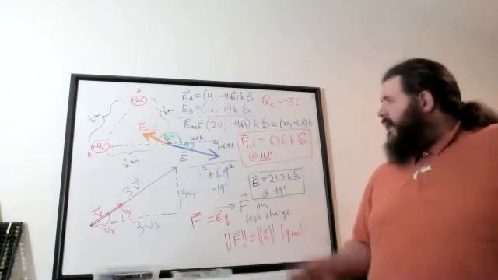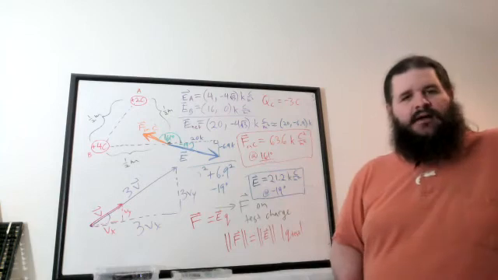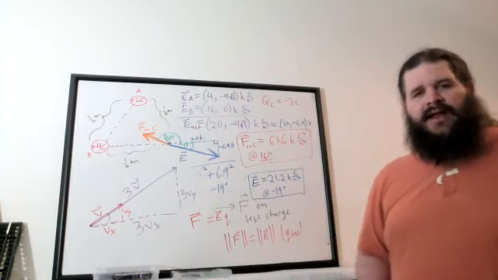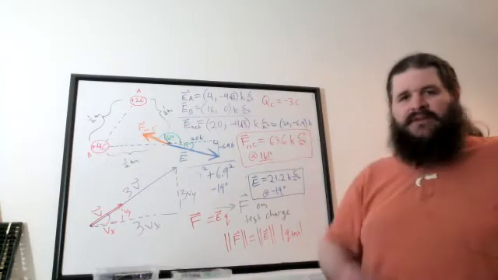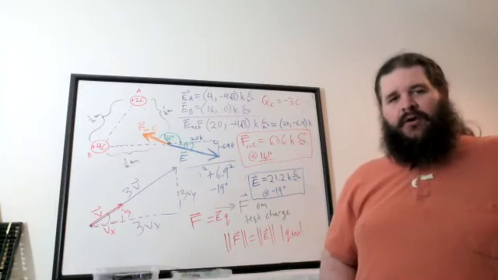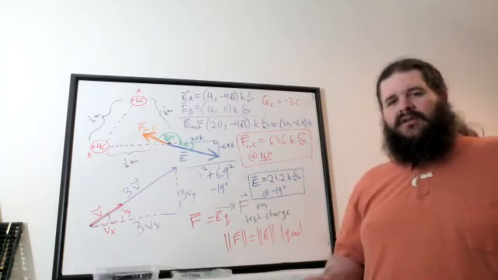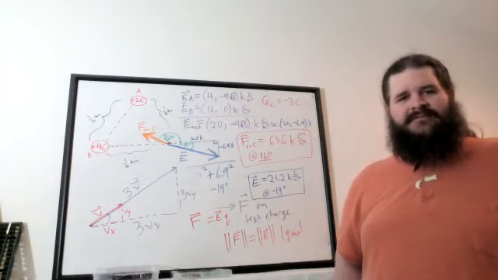You could list that as how strong the force is and which direction it's pointing, or you could list it as x and y components. It's the same information, just written in two different ways. And that's true of any vector, by the way, not just force. Any vector could be written as x and y components or as magnitude and direction. Just two different formats of writing the same information.